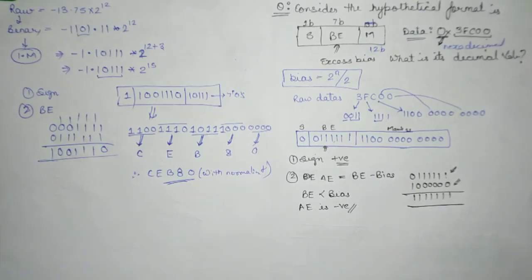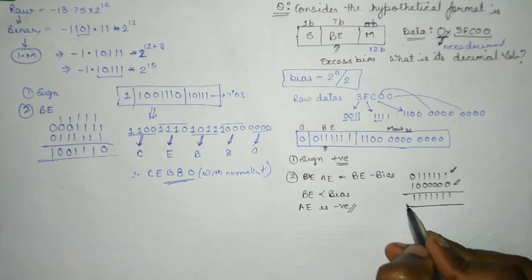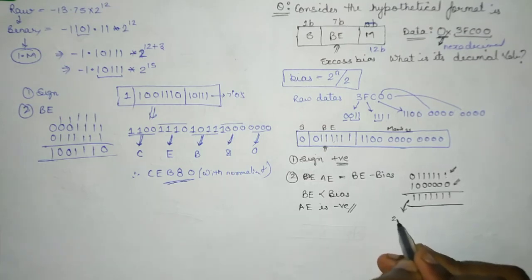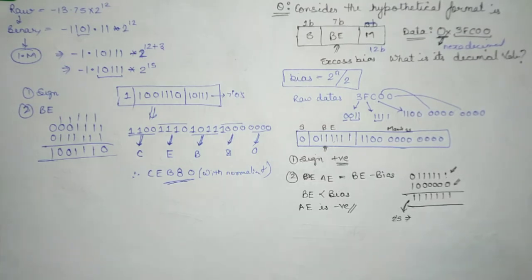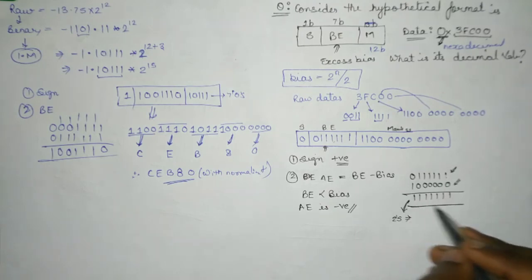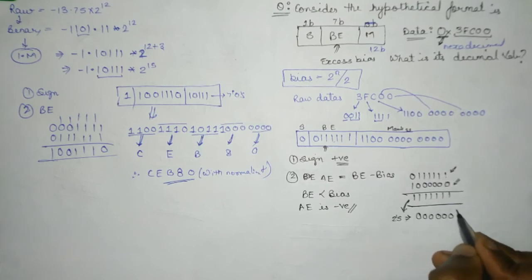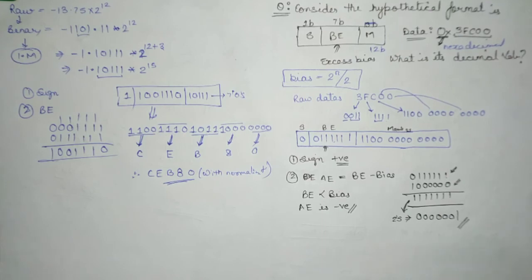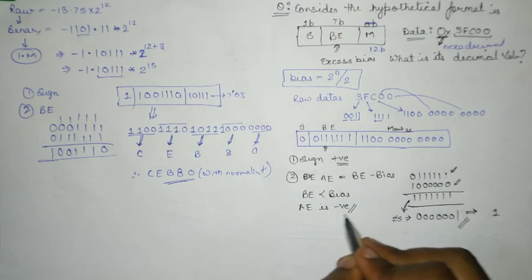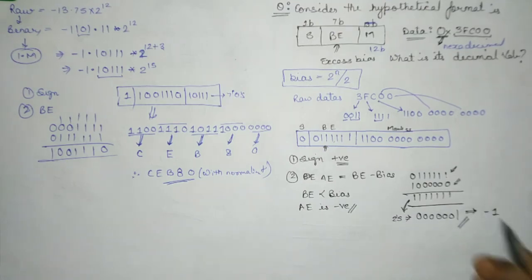And if the actual exponent is negative, we have to find the 2's complement of the actual exponent that we got after subtraction. If we find the 2's complement of this value, it will be 0000001, which is nothing but 1. And we have already analyzed that this is negative, so this is minus 1, right?